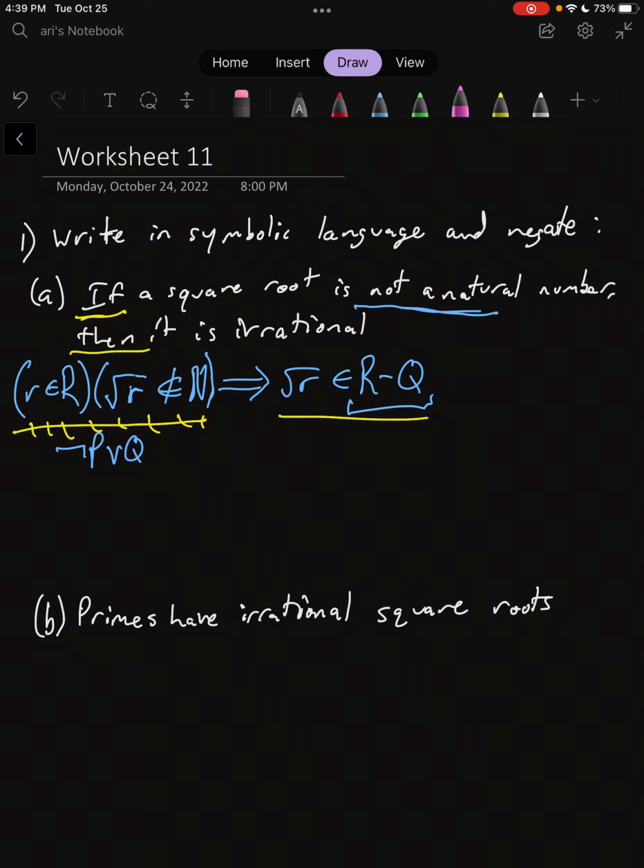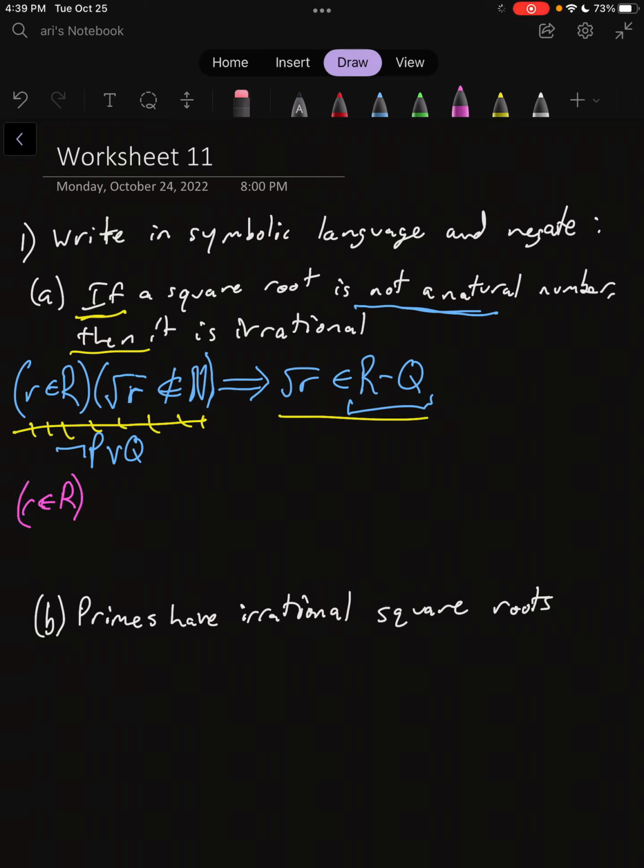It's almost like a prerequisite to our statement, or a preamble. It's not stating anything of real substance. So we're not negating that first part, which is r in the real numbers, and now we can start negating.